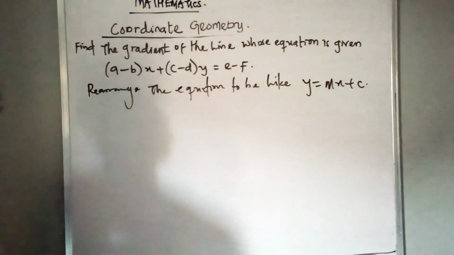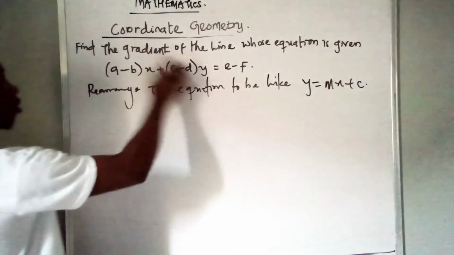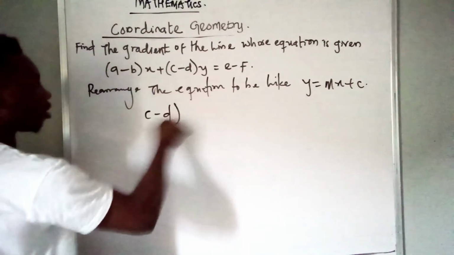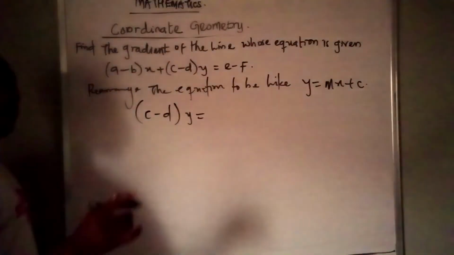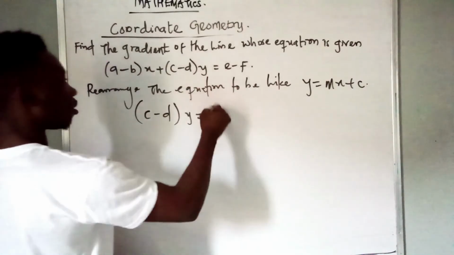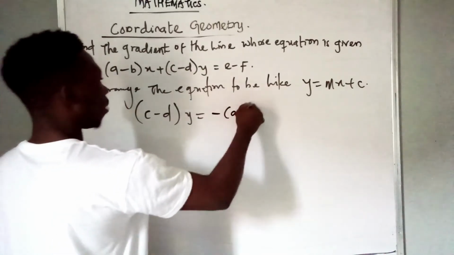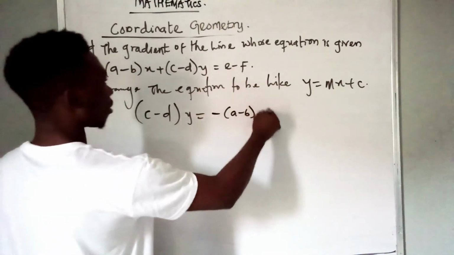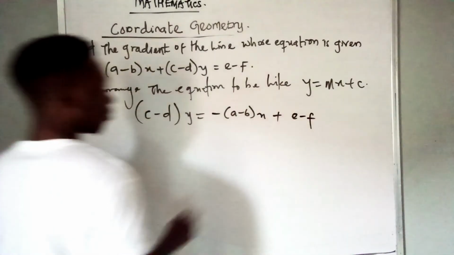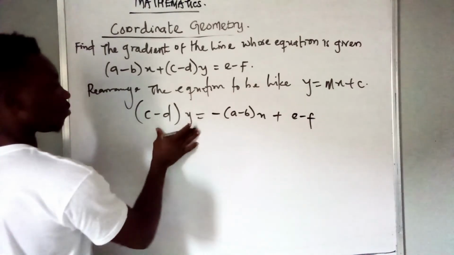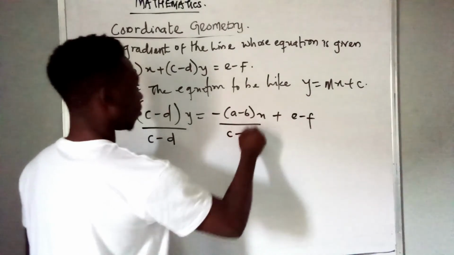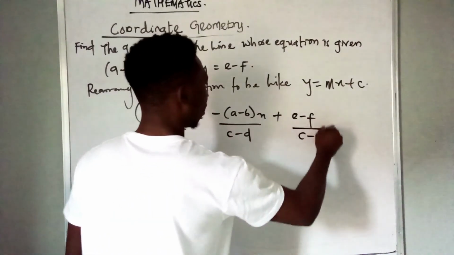mx plus c. So here, rearranging, you have to take this to the other side to become c minus d y is equal to, bring this one to this side, it becomes minus a minus b x, then we have this plus e minus f. So at this junction, divide all through by the coefficient of y, which is c minus d, over c minus d, over c minus d.